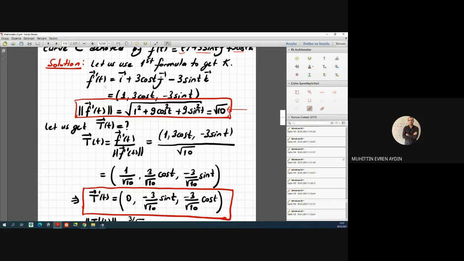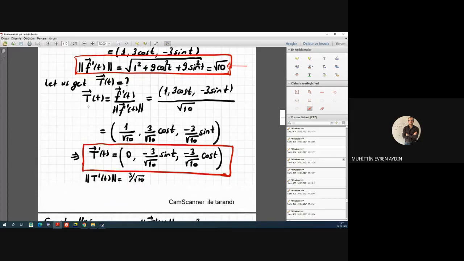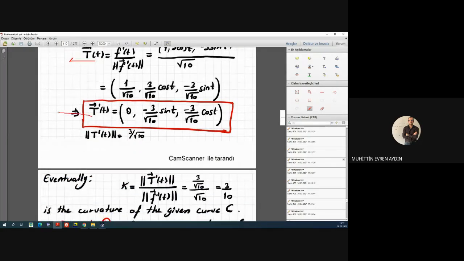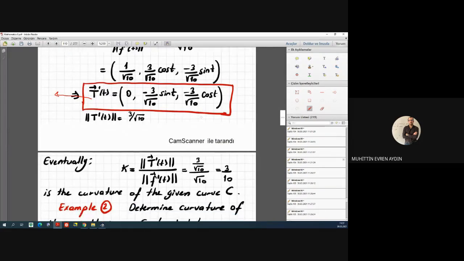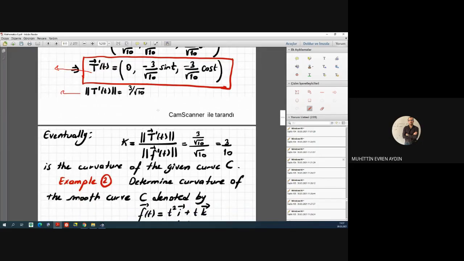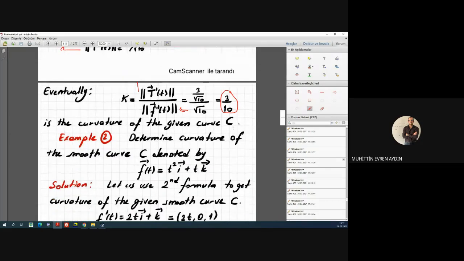So you may use the first formula. This is the tangent vector. This is the second derivative. And the norm of the second derivative. If you divide the norm of the second derivative by the speed, then you obtain this.